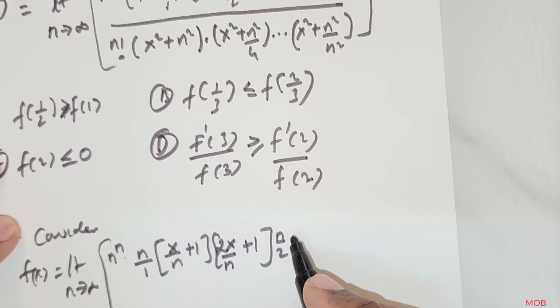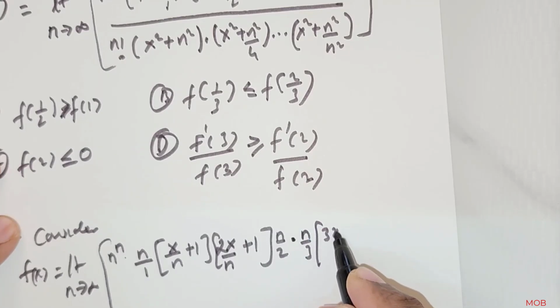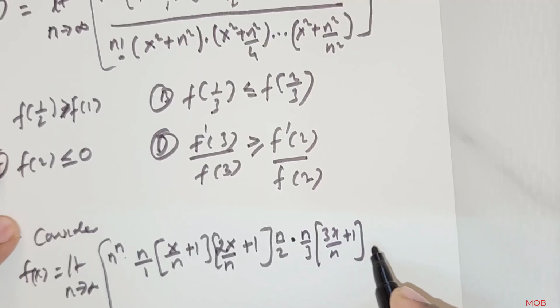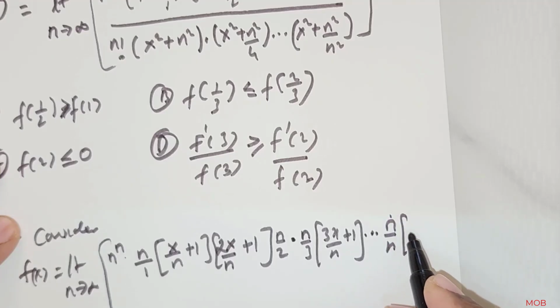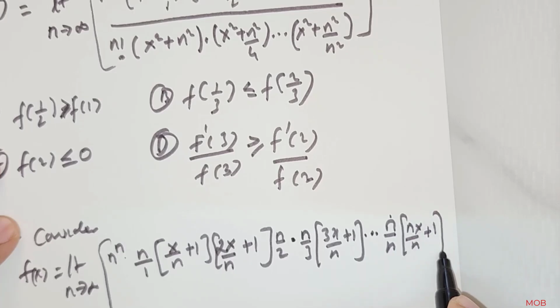And for the next term I'm going to take n over 3 out. This is going to be 3x over n plus 1, and so on and so forth. For the final term I'm going to take n over n out, and that is going to give me nx divided by n plus 1.